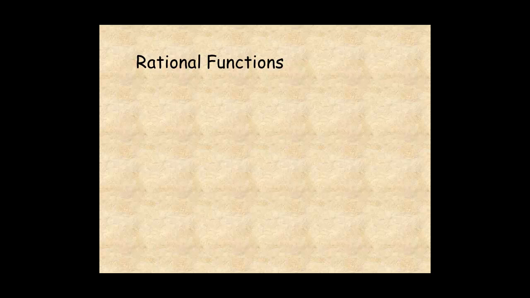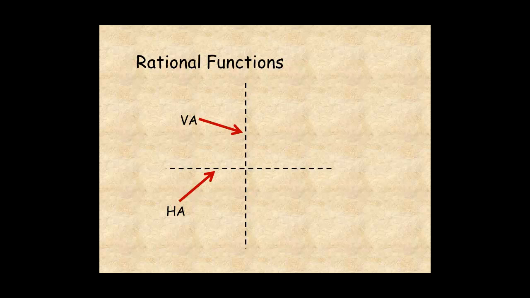To graph a rational function, begin by finding and graphing the vertical asymptote, or VA. Then find and graph the horizontal asymptote, or the HA. On the right side of the VA, the graph is either going to sweep up or it's going to sweep down. But which way is it going to go?